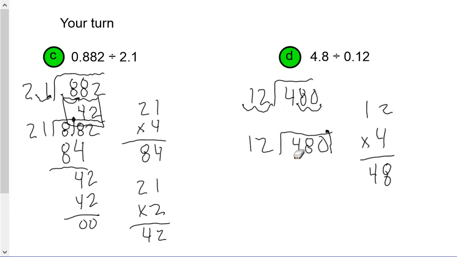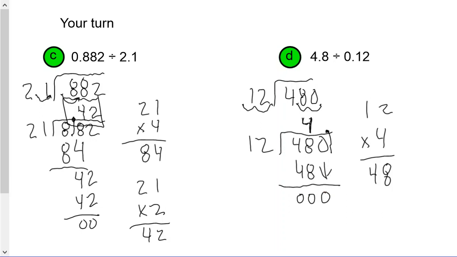So it goes perfectly into 48. So I'm going to put 4 up here above the 8. And that would be 48. Okay, so now our answer, we have 0 down here. And if we bring this 0 down, we have 0 as well.